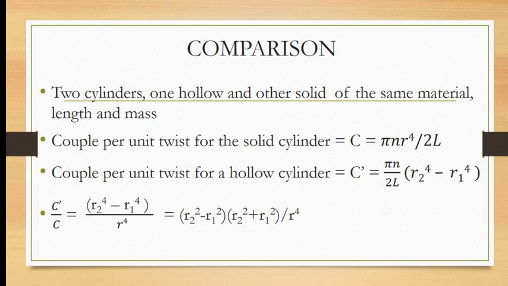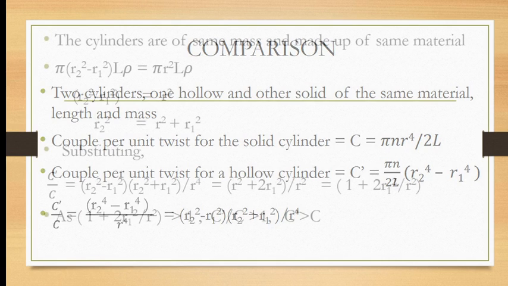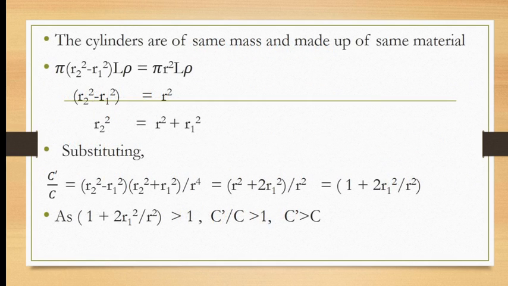Now we are going to simplify the right hand side. How can we simplify the right hand side? For that we are considering that these cylinders have the same mass and are made up of the same material, isn't it? So we can equate the mass of both the cylinders because the masses are the same. Now how will we equate the mass?